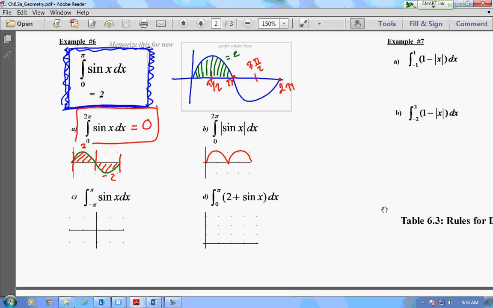Okay, from 0 to 2 pi. Here's pi. Okay, Claudia, from 0 to pi, what's the area? 2. Okay, Hala, from pi to 2 pi, what's that area? 2. So in total, we would get 4.